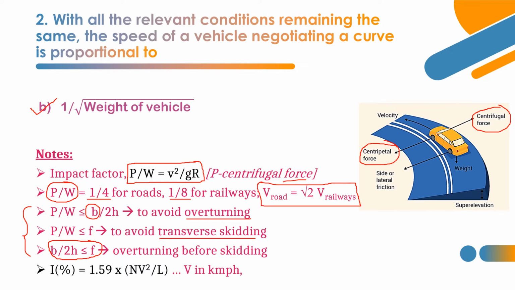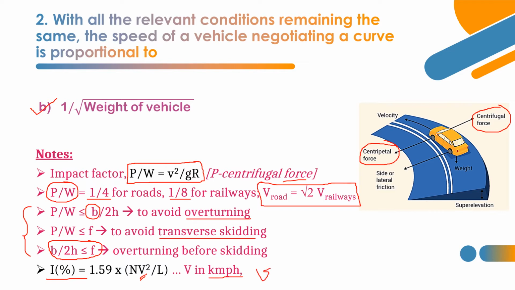And another important formula for impact factor is this one: 1.59 into NV square by L. So N is nothing but deviation angle, that is algebraic difference between the gradients, and here V is written in capital letters. Whenever V is written in capital letter, then the unit would be kilometer per hour.